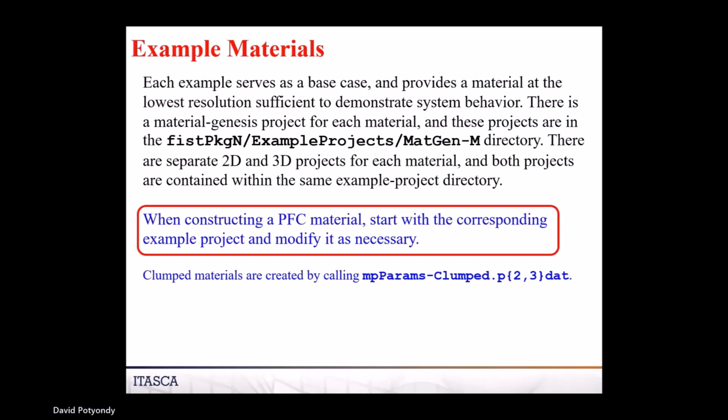Say, okay, I ran this and it had a modulus of 10 GPa, but I want a modulus of 2. So then go change the E star to be 2/10 of its previous value and run it again, and you'll be close. And then just keep working from there.